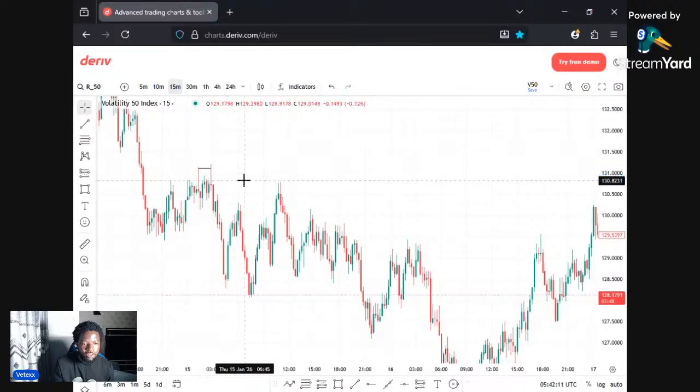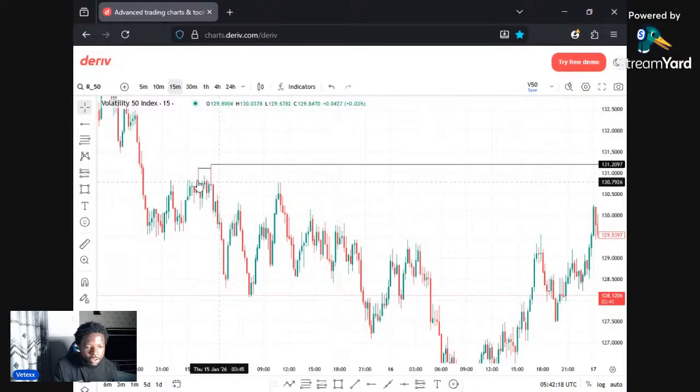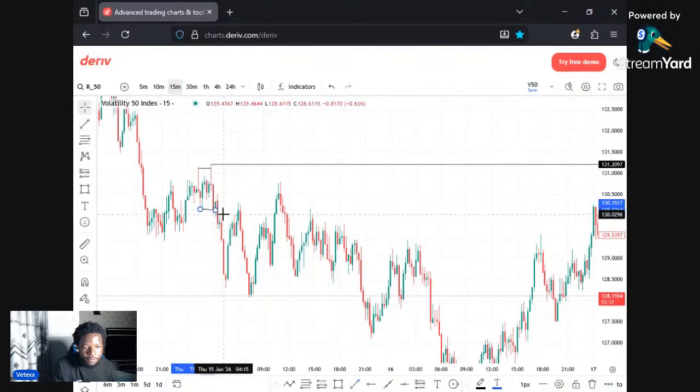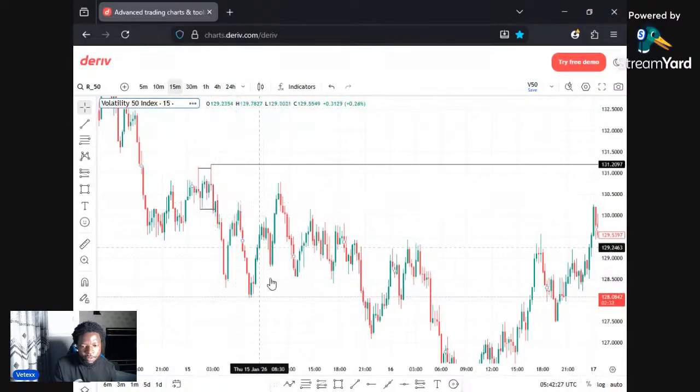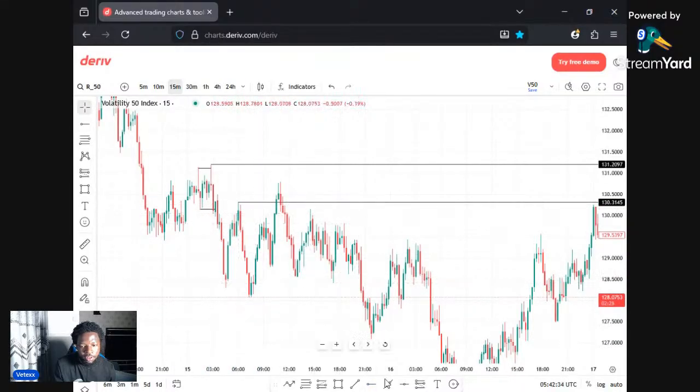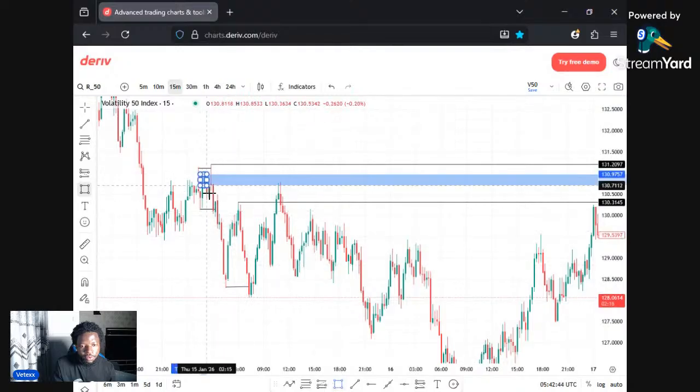I was supposed to take this trade, but something happened. I could not take it because of the confirmation. So this is the sweep, this is the first break of structure. We have price retrace 50% to give us our structural liquidity, which is this. And then we have our second break of structure, and from there we have this our POI.